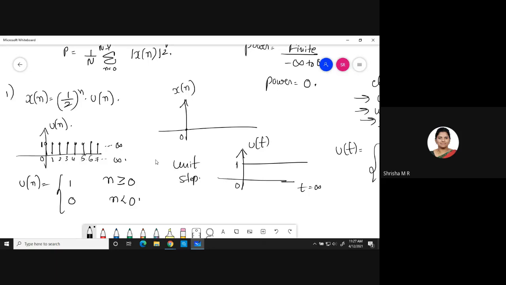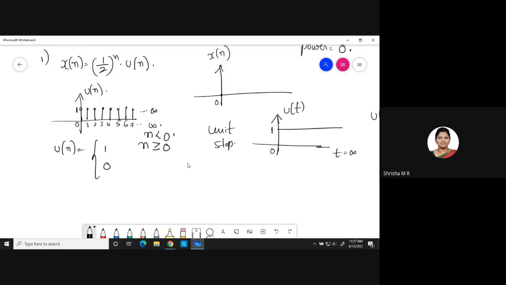I'll give the values of n and you can take them down. n is equal to 0. So what is x of n? It is half to the power of 0 into u of n. Okay, u of n is 1 only, so we need not write that, you can just multiply by 1. What is half to the power of 0? It's 1. So at n is equal to 0, the signal is 1.